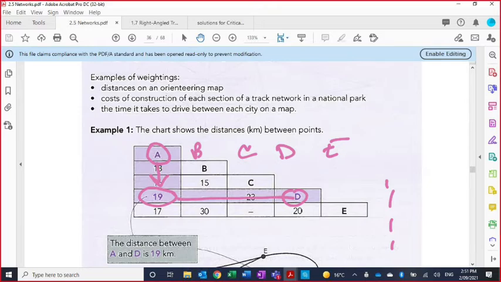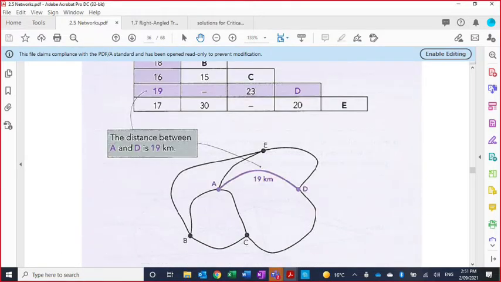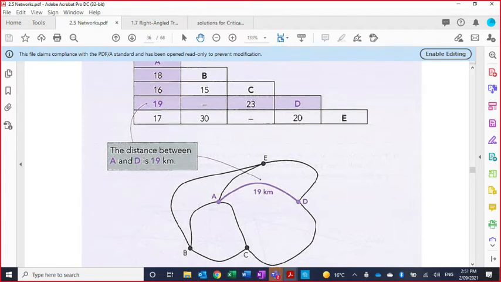And notice one other thing that messed with students last year: some of the boxes don't have values in them. The reason for that is those particular places are not connected by an edge. So for example, if you look at this one, B to D, there's no value there. But notice that B and D don't connect by a single edge.